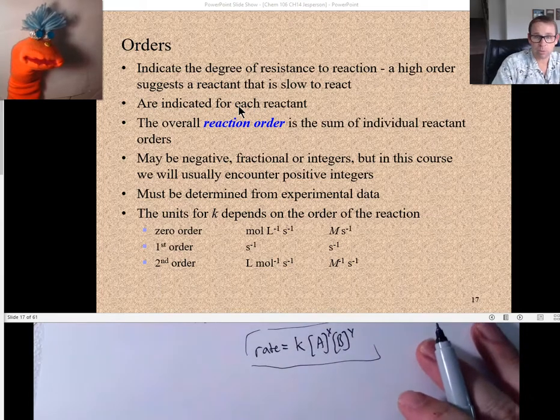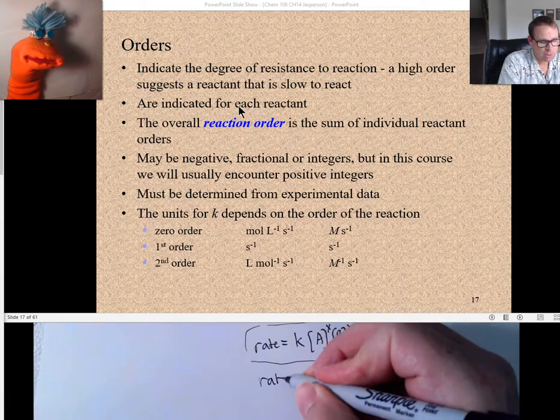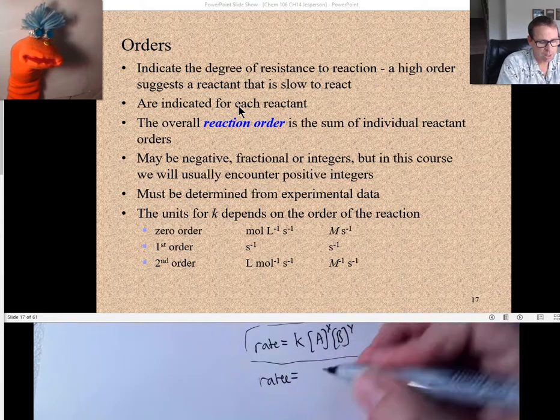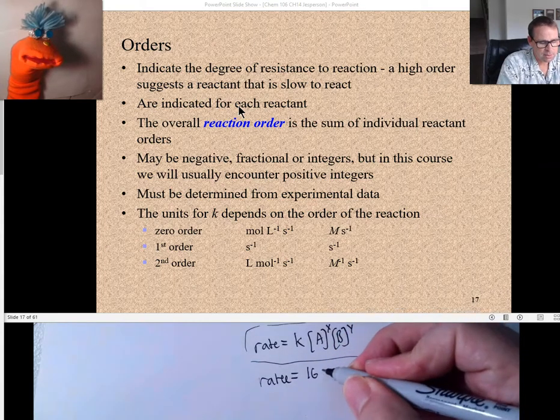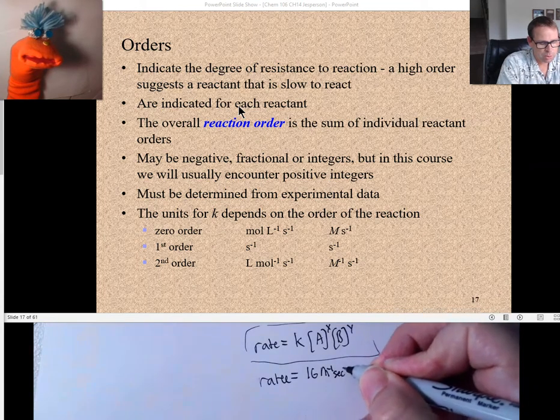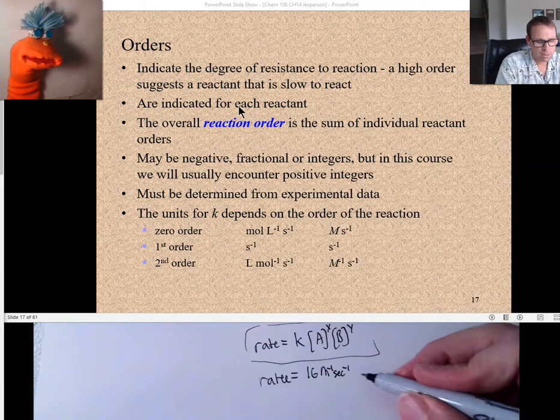If I perform chemical reactions and I find out that the rate law is 16 per molar per seconds, right?